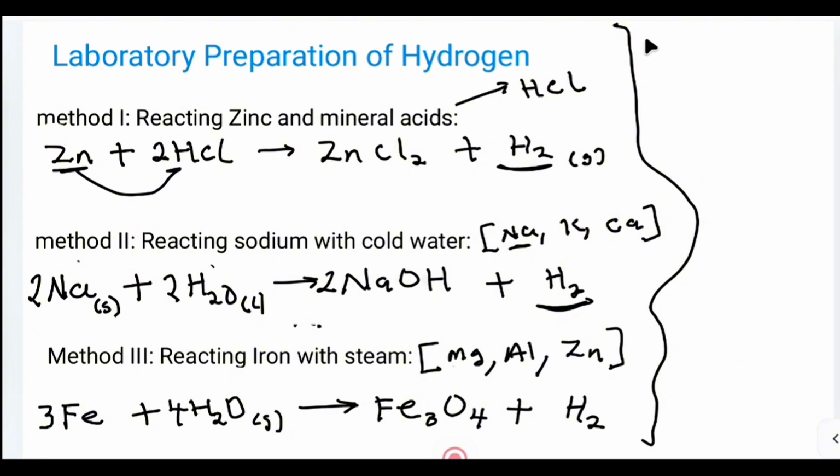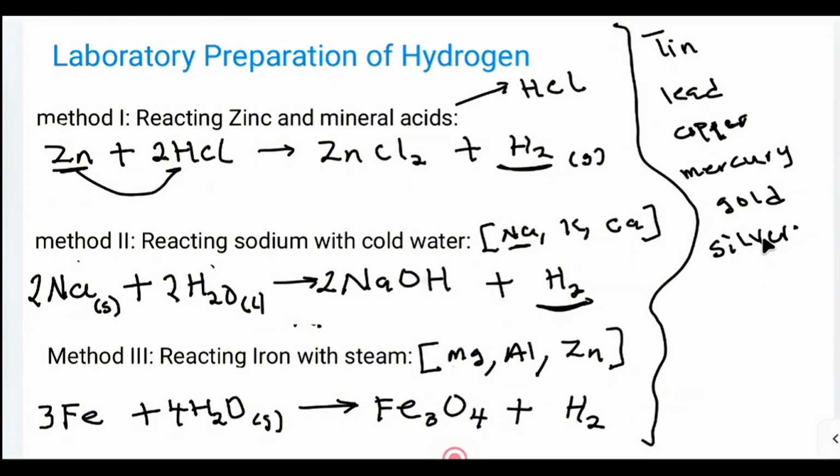We have elements like tin, lead, copper, mercury, gold, and silver. Okay? So these cannot produce hydrogen. Doesn't matter if you use steam or cold water or whatever, you are not getting hydrogen from them.